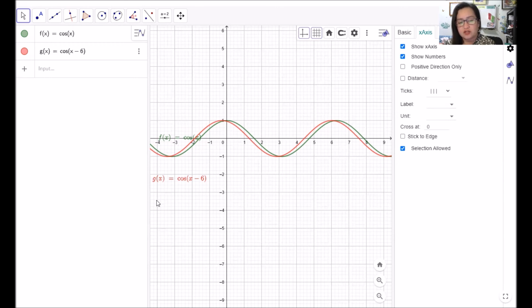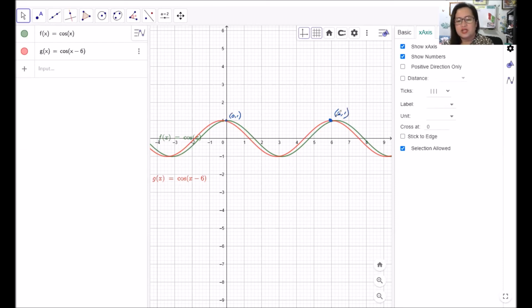Now let us see the effects of changing the value of d in the given equation. So let's say we have cosine of x minus 6. Take a look at this. Originally, we have here the y-intercept. This point is at (0, 1). Now, in g of x, the maximum value occurs at (6, 1).